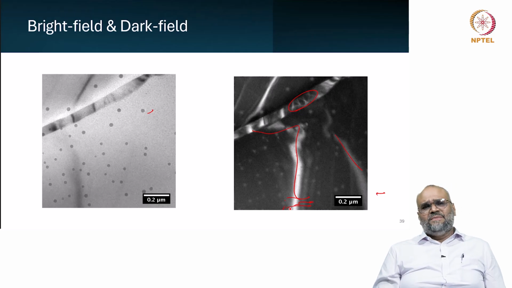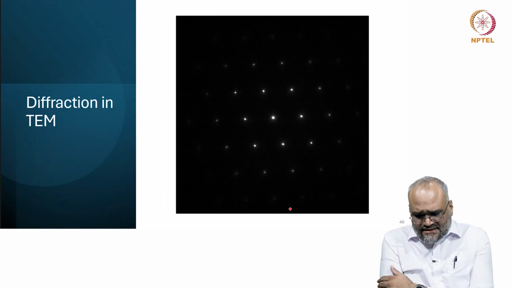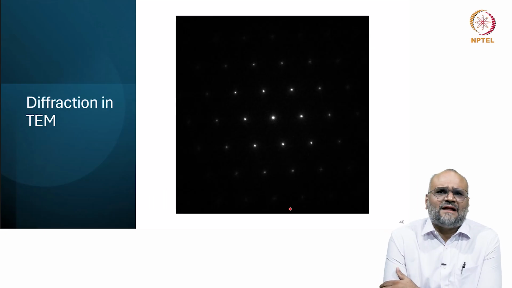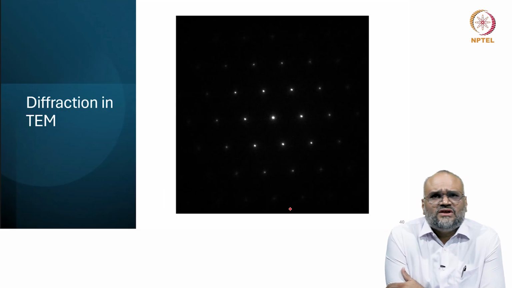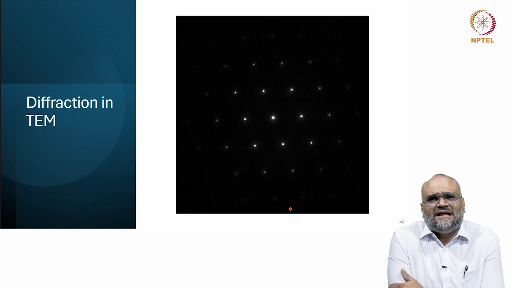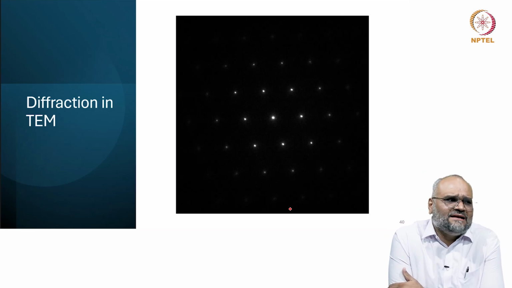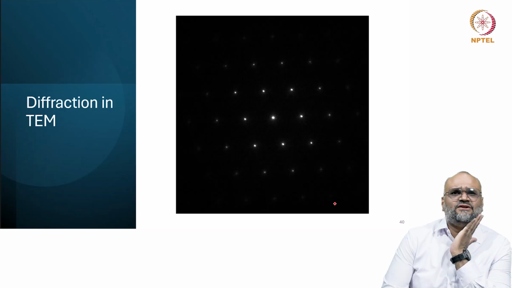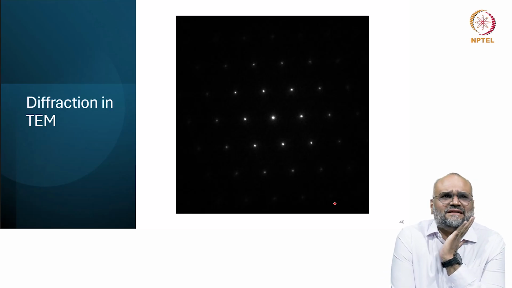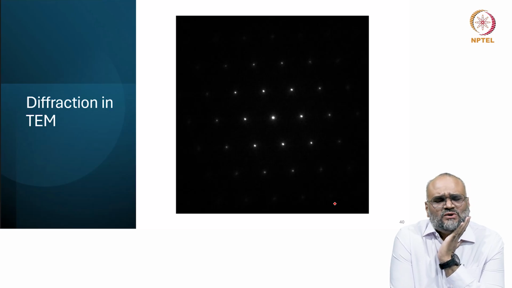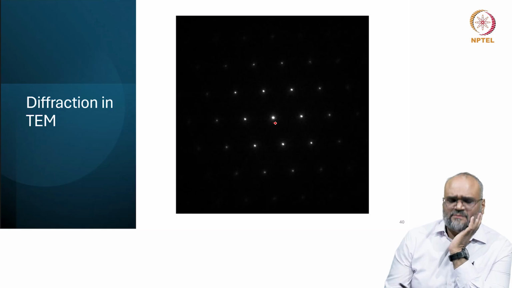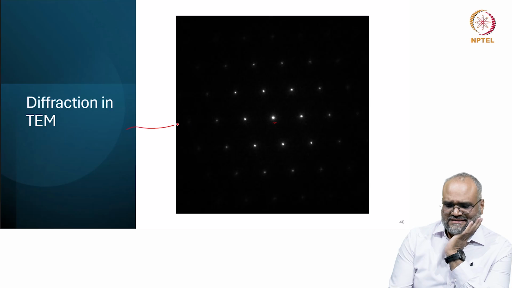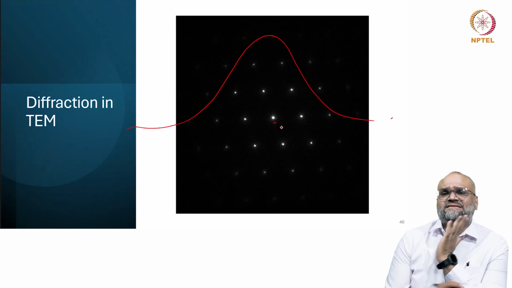Then we mentioned that when the parallel electron beams that are passing through a specimen go through the objective lens, they all form an array of spots at the back focal plane, and here is an array of spots that you can see from a crystalline material, a single crystal which is oriented along a crystallographic zone axis, and you can see that the intensity of the central bright spot is the highest, whereas the intensity dies down as I go farther away from the central beam.